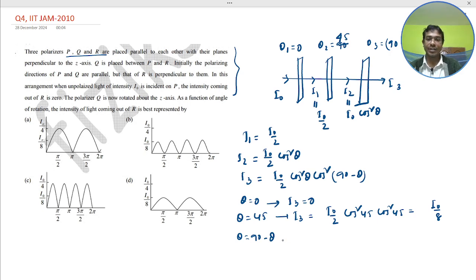For theta 90 minus theta, that I3 would become the 0. So by this angle you just find the graph. You just say that for pi by 2 is 0 and I0 by 8, this is I0 by 8, basically the 45. This is pi by 4 and 0, so this means pi by 4. And here this one is constant, no line, so 0.